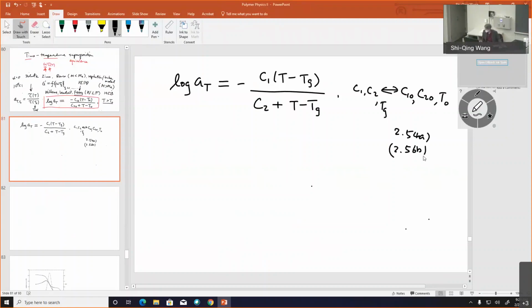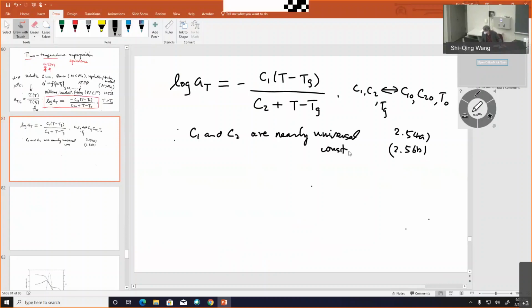There's some advantage with TG as a reference. It turns out, roughly speaking, the way we do our homework is that C1 and C2 are nearly universal numbers. Why? I hope by that you immediately know what I mean. Meaning, they are numbers almost similar for all different polymers. For example, C1 sort of on the order of 15, and C2 sort of on the order of 40.